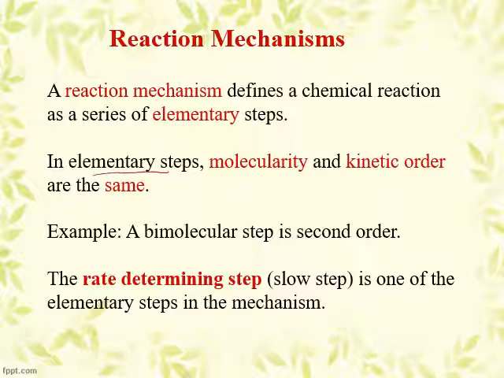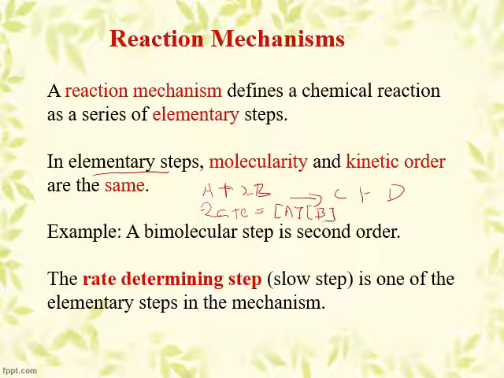For example, if we have A reacting with 2B, for example, forming C plus D, the rate law will be based on A and also B squared.